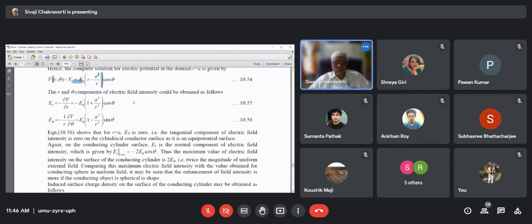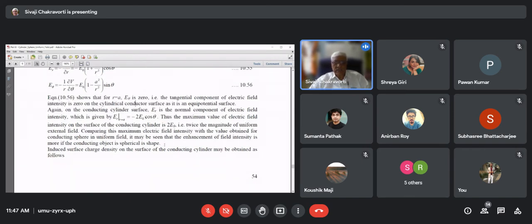But then we find that the effect of a conducting spherical dust particle is much more detrimental because the maximum field intensity on the surface of the spherical particle becomes 3 E0, whereas in the case of a cylindrical conducting particle it becomes 2 E0. So you can also expect this sort of question: compare the highest value of the normal component of field on the surface of a conducting sphere or a conducting cylinder in a uniform field. Then you have to prove it by this mathematics.